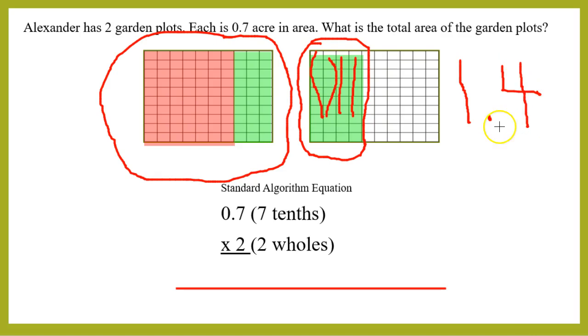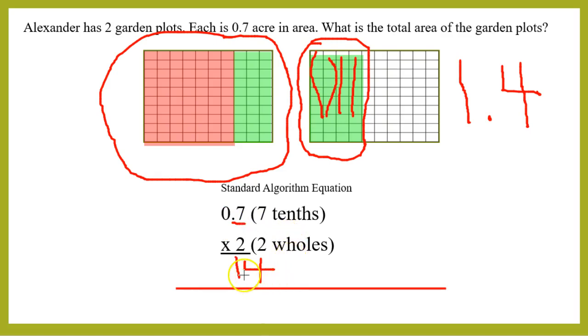What does this look like with the standard algorithm? If you come down here, you'll see that you have 2 wholes, or 2 of Alexander's garden plots. So 2 times 7 is 14. And you have 1 place behind the decimal, which is tenths.